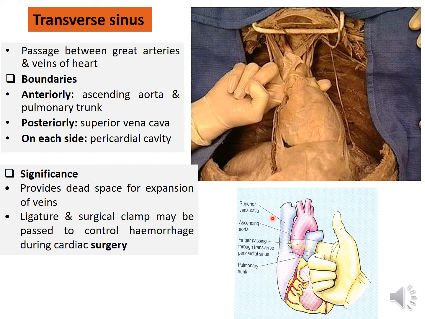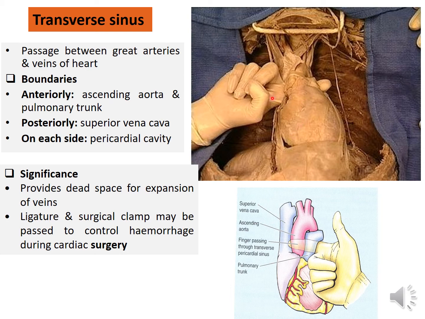First of all, between the two layers of serous pericardium, you can see the pericardial cavity. At two places, this pericardial cavity is extensive or wide. Such wide or extensive spaces of the pericardial cavity are called sinuses. Sinus is the term used to denote the space.